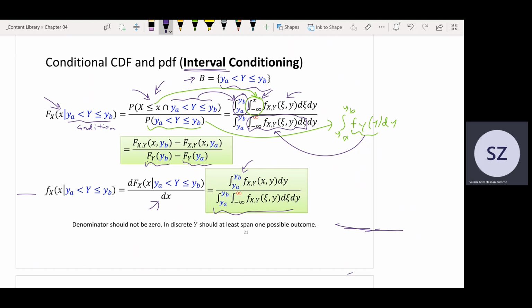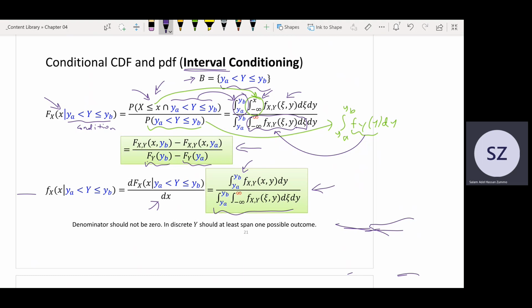The rest is just integrating the joint PDF between these two values and integrating the marginal PDF of y between y_a and y_b. And we end up with this result, or when we differentiate, we end up with this result.